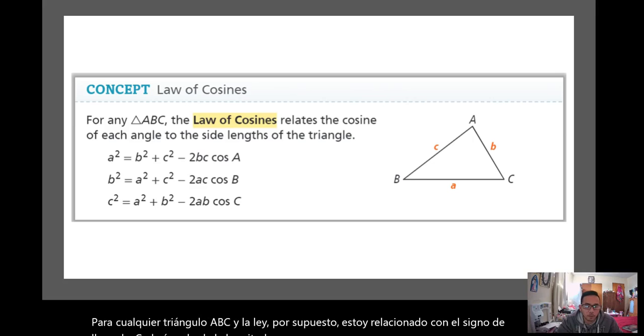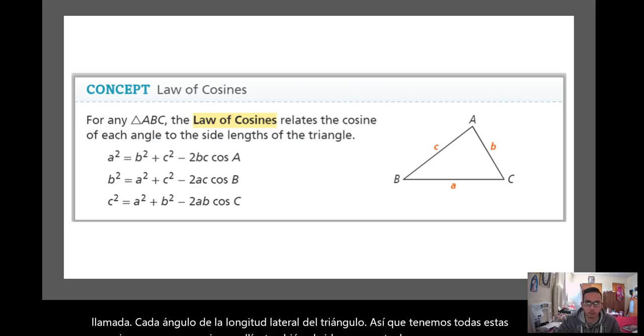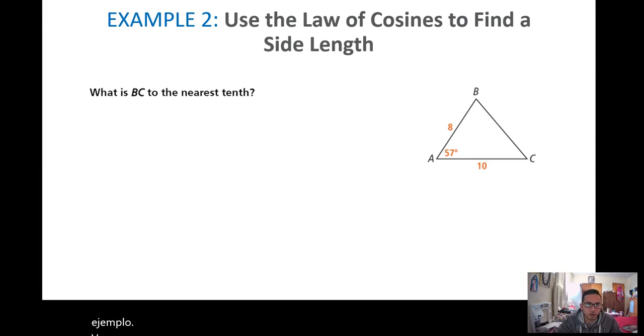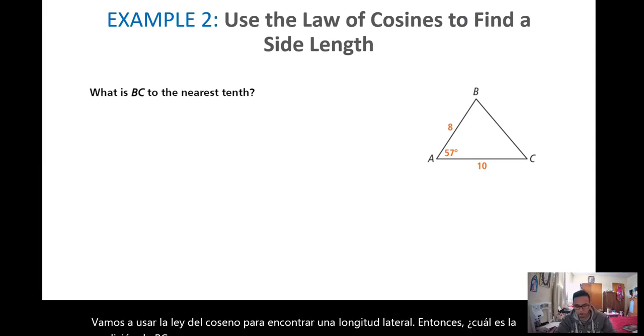So we have all of these equations mentioned there, and also the concept video I posted here in your module. So I want you to watch that. So let's jump into our first example. We're going to use the law of cosine to find a side length. So what is the measurement of BC to the nearest tenth?